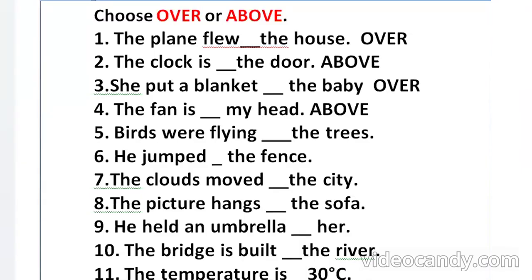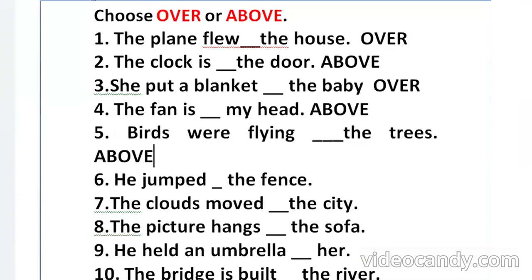The fan is above my head. The birds were flying blank the trees. Birds were flying above the trees.